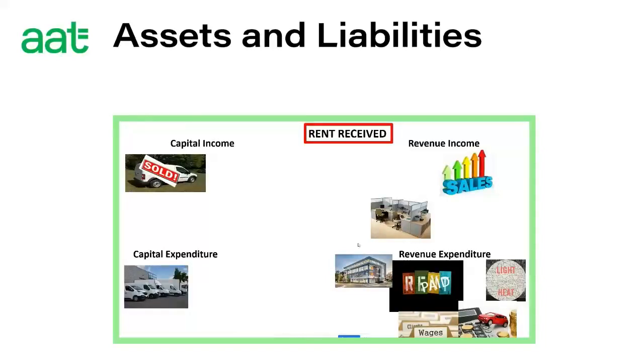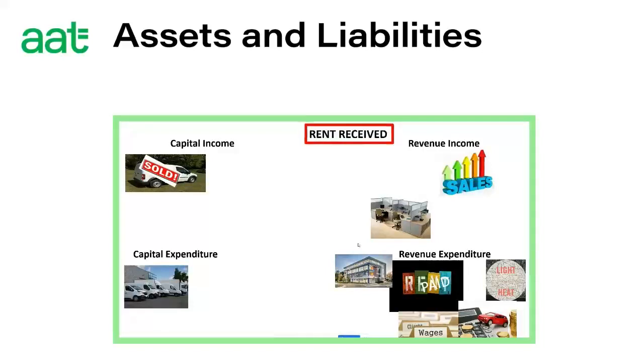So that's rent received. Let's see. Oh, okay. So RI, CI, revenue income, capital income. We're getting a few different answers here. Revenue income, perfect.